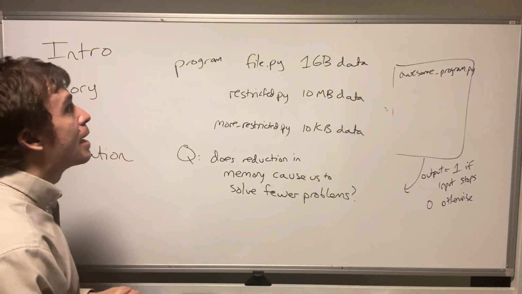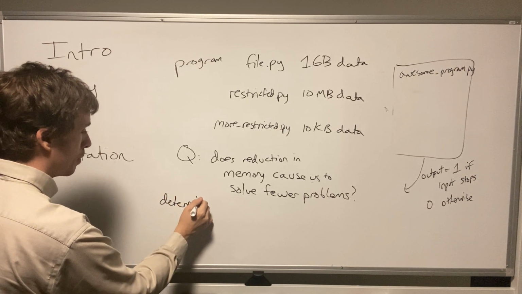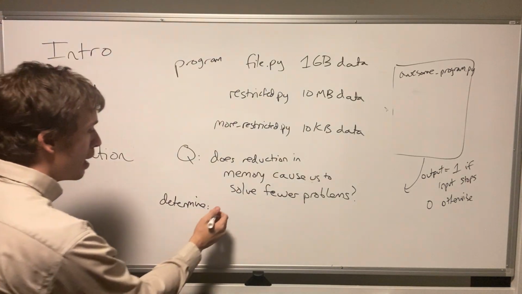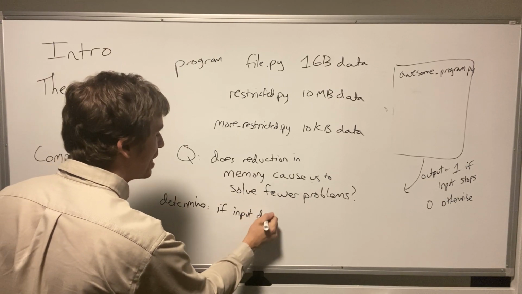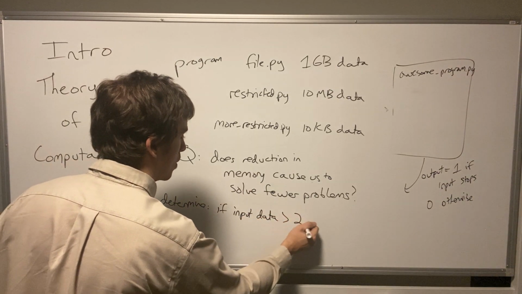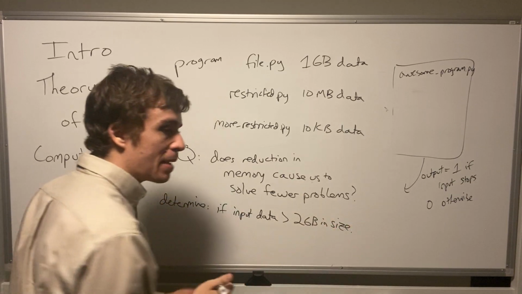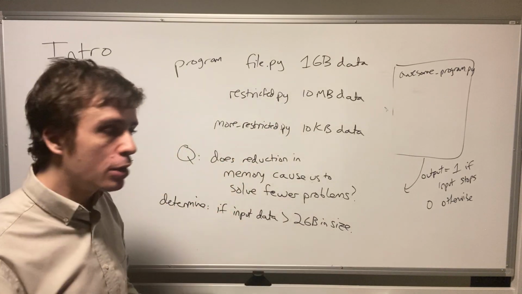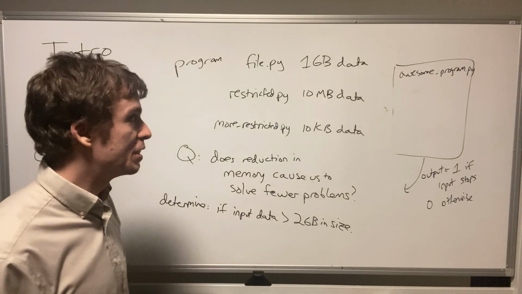So let's say that I wanted to determine, just as an example, whether the input data is at least 2 gigabytes in size. Maybe it's coming in as a stream, we're maybe streaming things from Twitter or something, and we want to know whether it's at least 2 gigabytes in size.